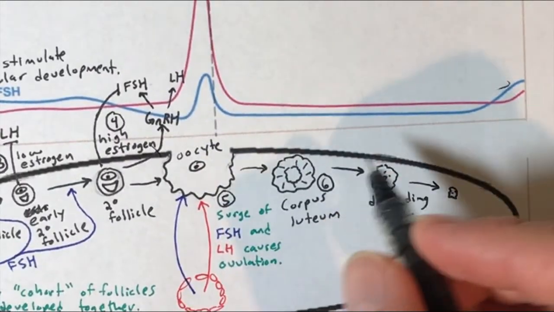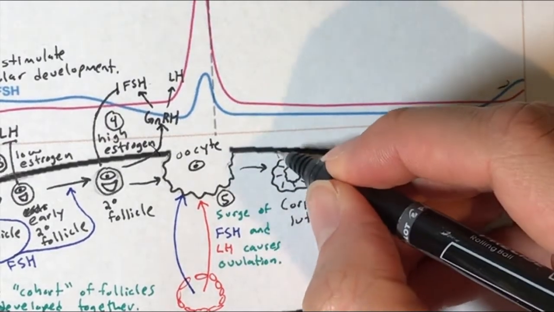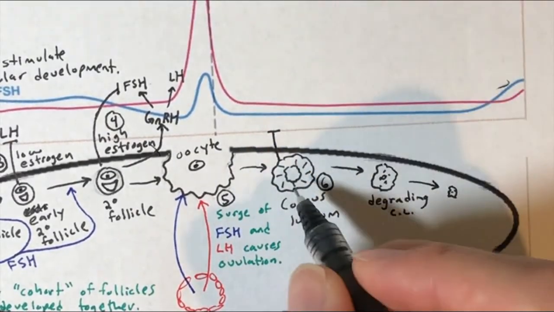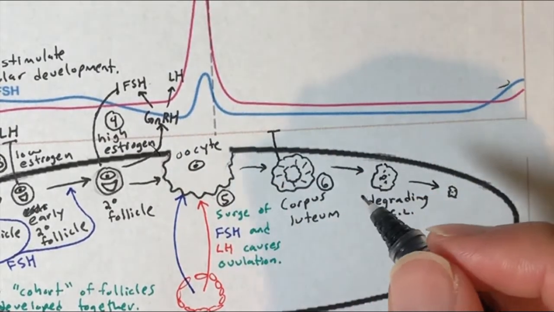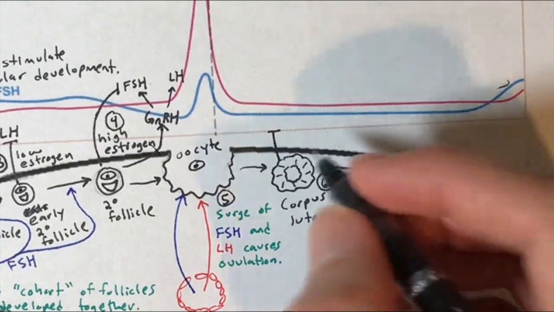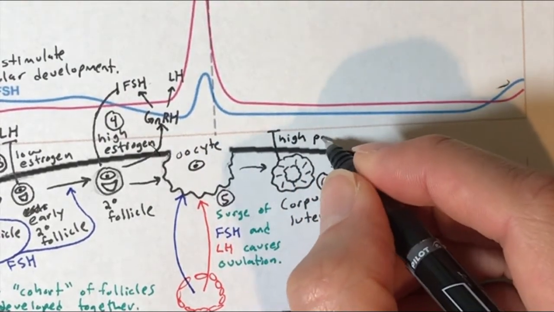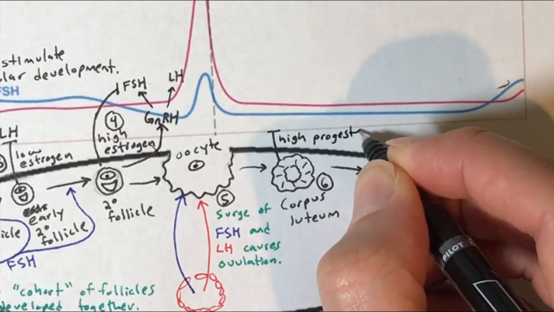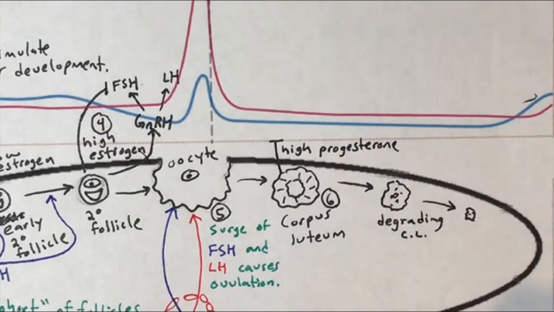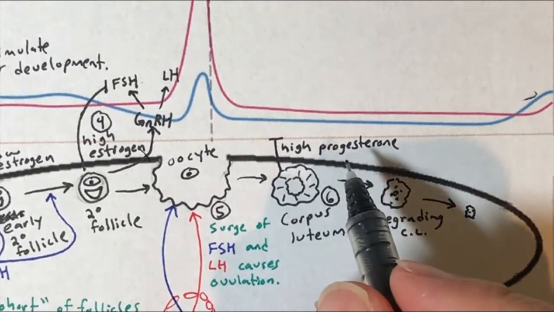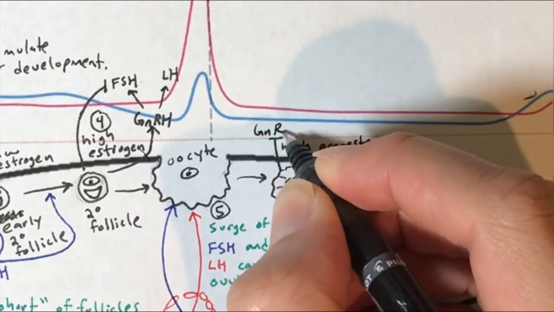So let's start with the corpus luteum in step 6. When the corpus luteum is formed, it's going to be releasing a high amount of progesterone. And high quantities of progesterone hormone inhibit GnRH.